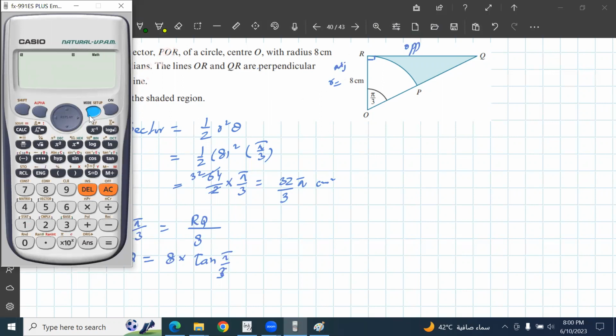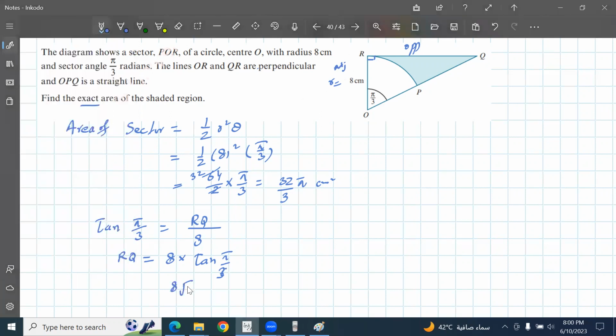So if I change my mode to radian, now tan, shift, pi over 3. Yeah, that gives me square root of 3. So you can write 8 multiplied by square root of 3. This is your exact answer.